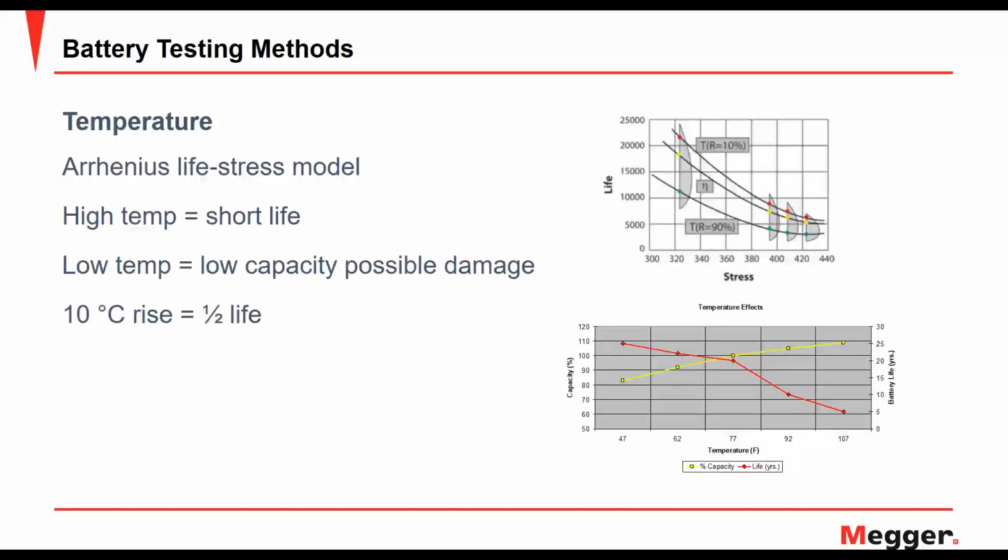Lower temperature is not good either. That's why they have the battery management system, to not charge the batteries at a high rate at lower temperature. As I mentioned earlier, a 10 degrees Celsius rise in the environment or temperature of the cell could, over a long time, result in half the expected lifespan of the battery.